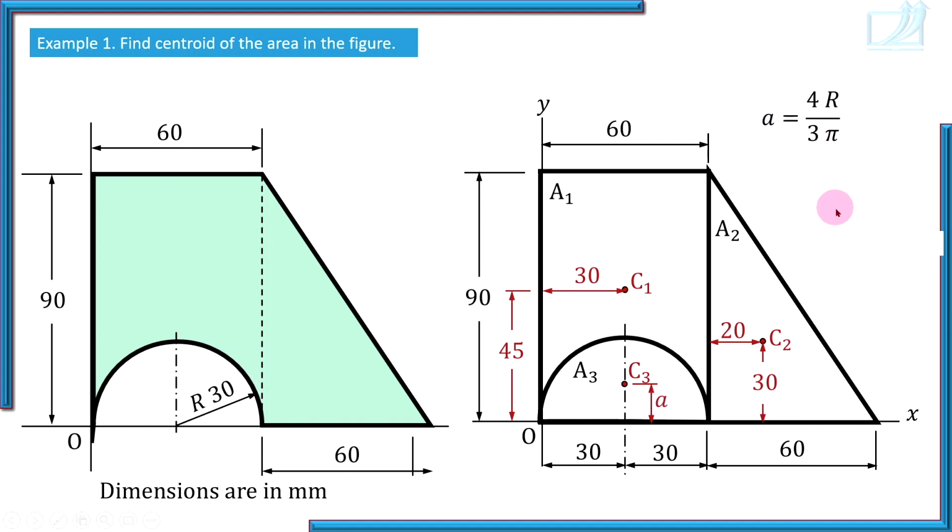Now put the values. What is r? Radius of semicircle 30. So 4 into 30 divided by 3 pi, and you have found out the numerical value of a. And what is that a? Distance of C3 from the straight edge of the semicircle. So this is how, knowing standard formulae, we have located centers of all the areas.